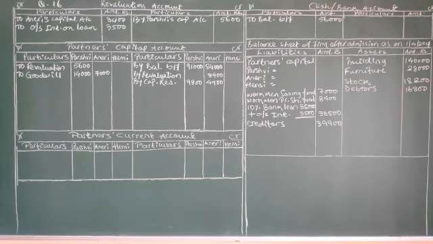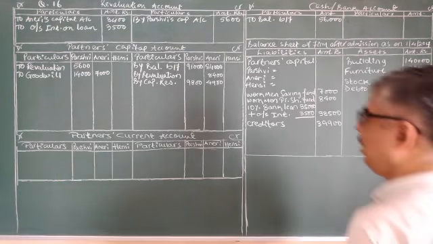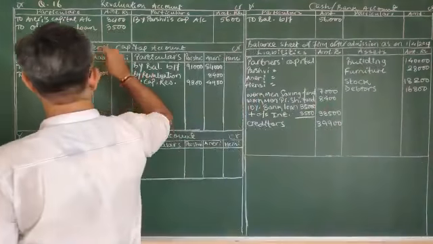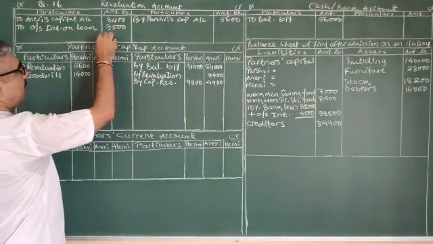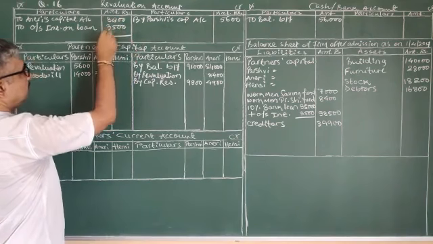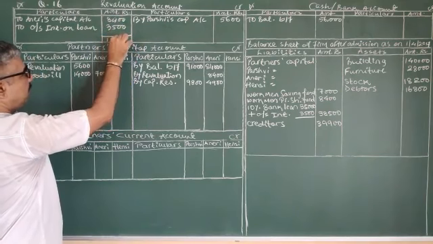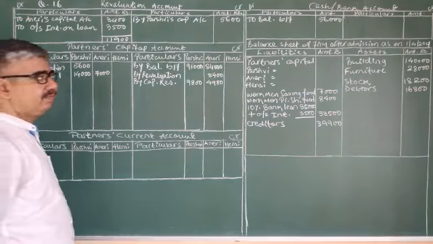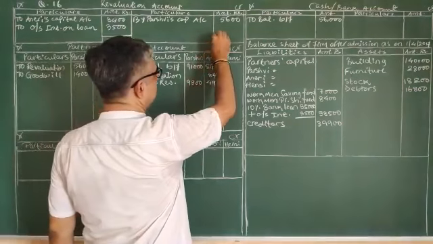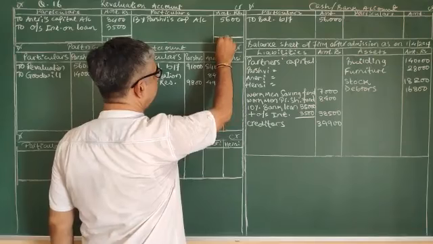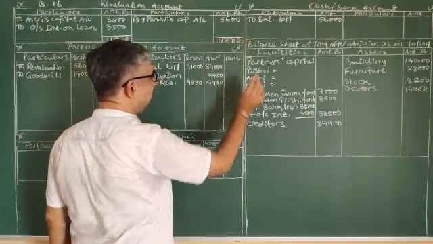So what to do? Close the revaluation account. Okay? Here, if you check on the debit side, the total is bigger. 8,400 plus 3,500 is 11,900.